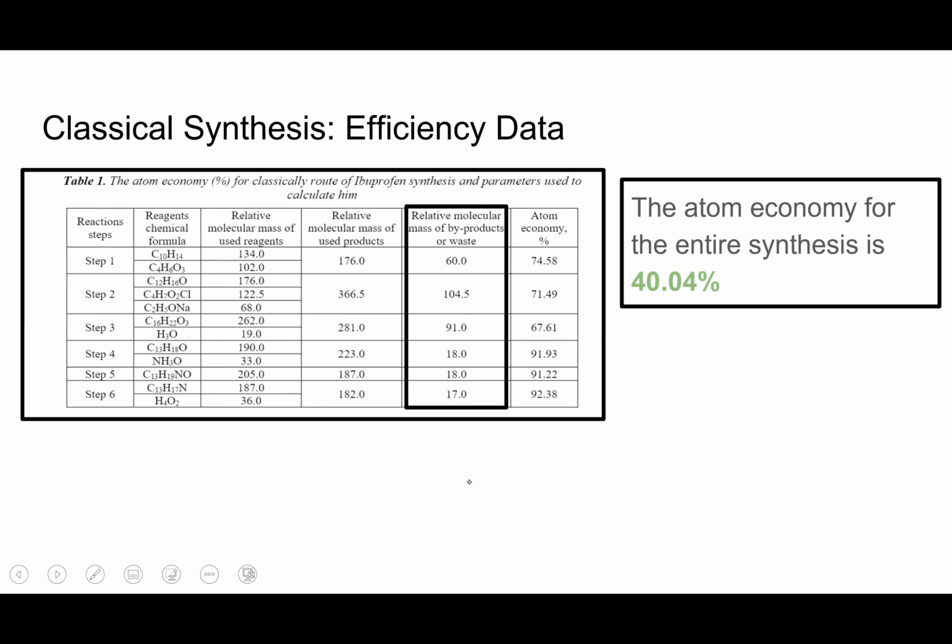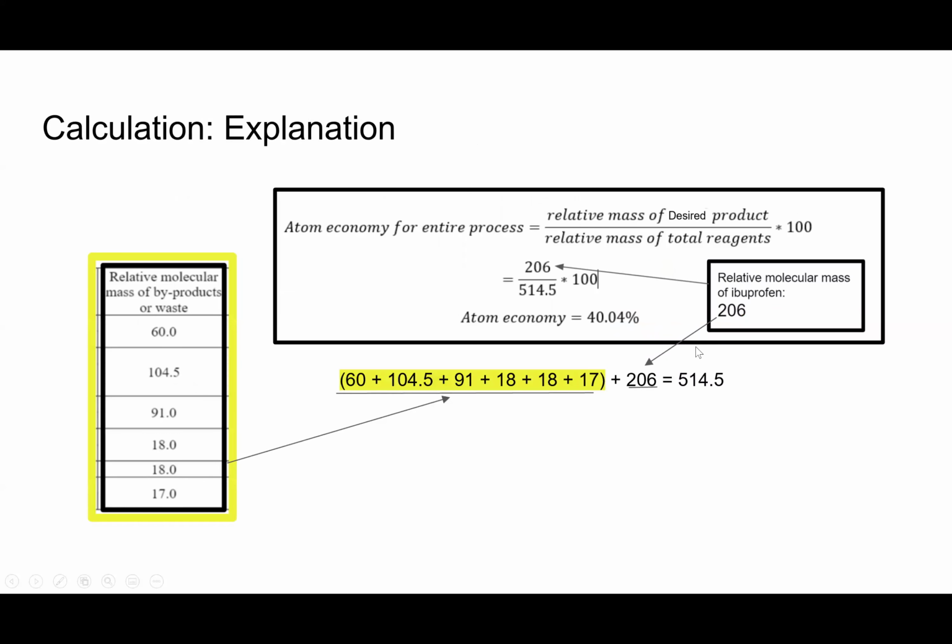So the atom economy for the entire synthesis is 40.04%. And this is how they got that percentage. Since we earlier explained atom economy to be an efficient way of finding what you desire from the total reagents you use, we used the relative mass of the desired product, which is ibuprofen in our case.